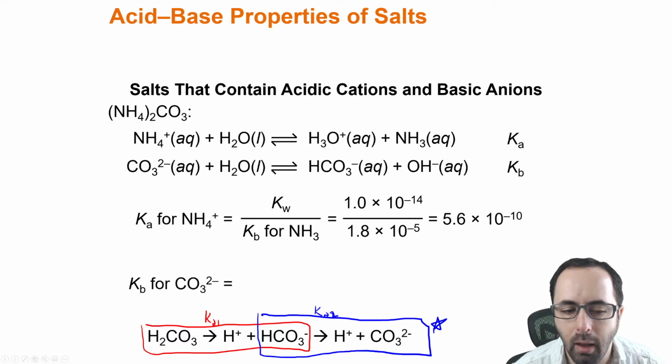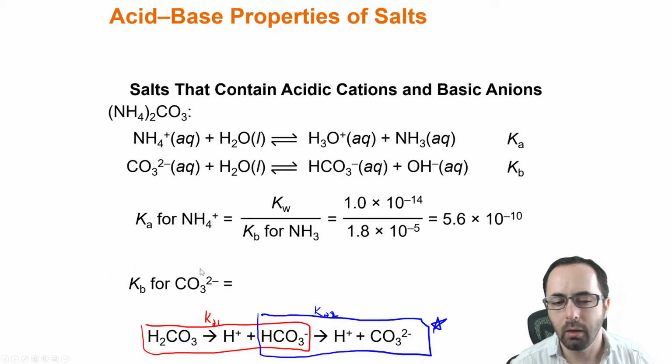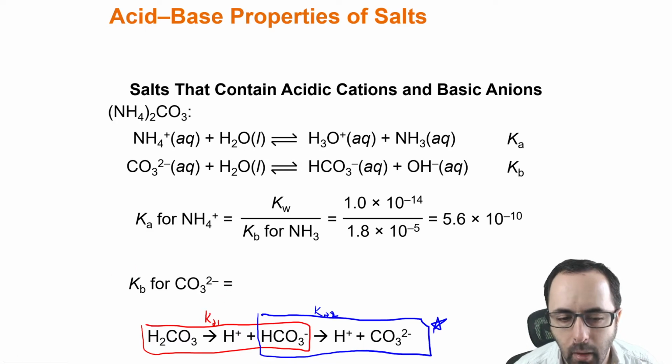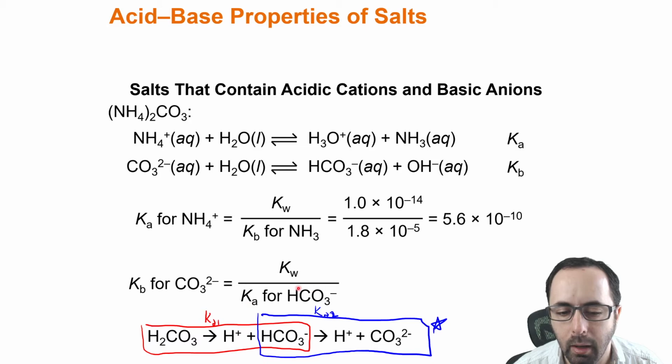Likewise, we do not have a table with the Kb for carbonate ion. What we need to do is find it from the Kw and the Ka for bicarbonate ion. And again, the way this is going to look on the table is this is going to be the Ka2 of carbonic acid. That is the Ka for bicarbonate ion.